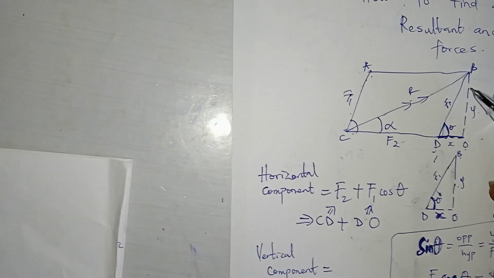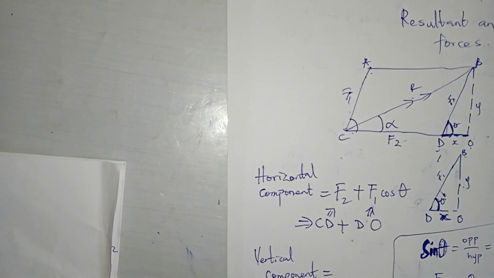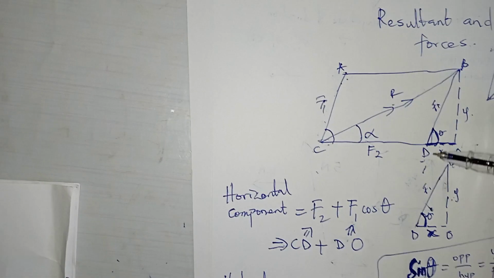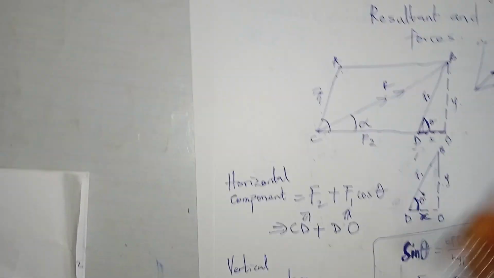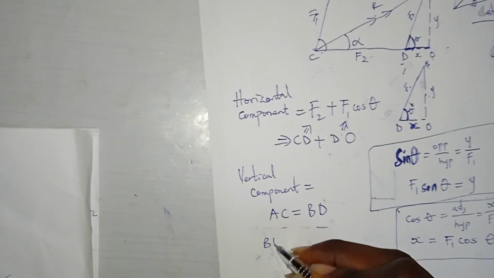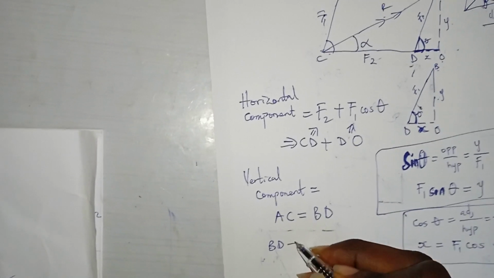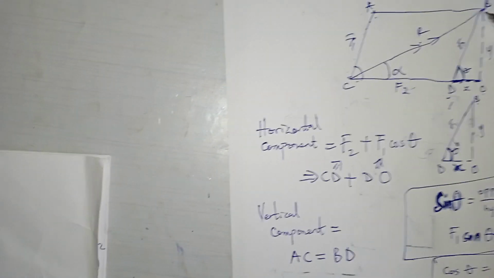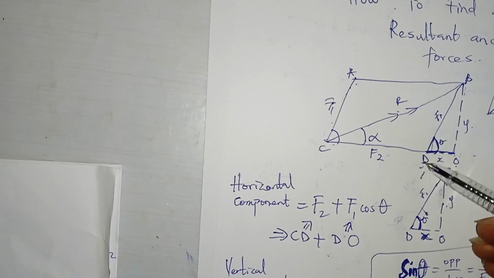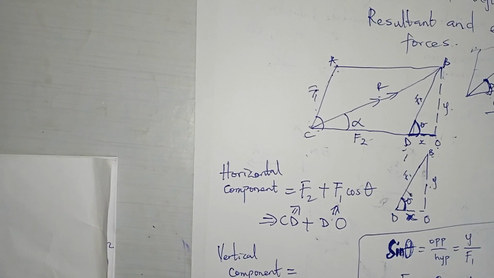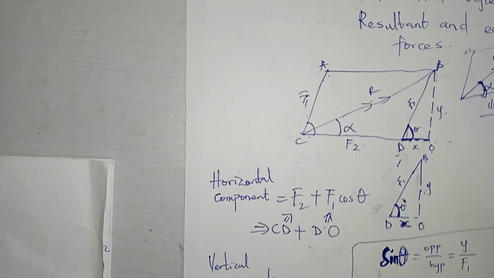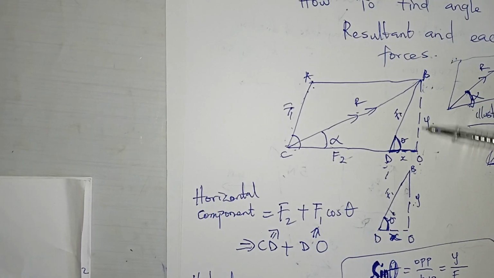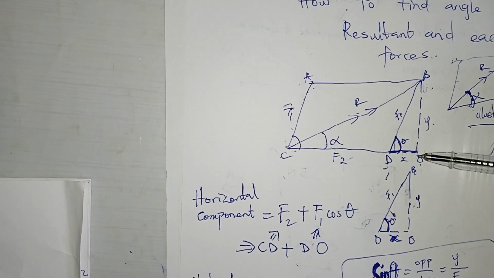So if AC is equal to BD, that means BD can represent it, BD plus BO. And what is BD? First of all, look at this. BD is F1, plus, okay, this side now is y.